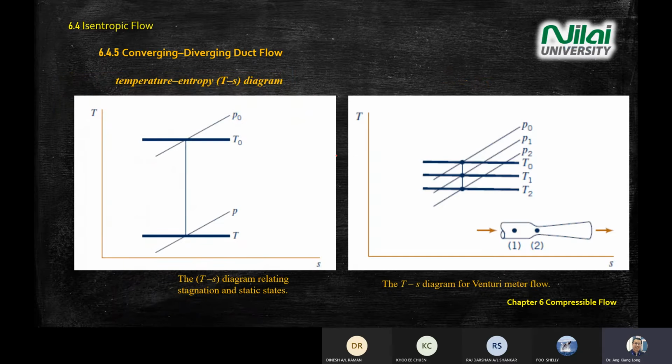These are the temperature and entropy diagram that was covered in the thermodynamics module. You should know how to plot the T-s diagram from here. This is just a recall of what you learned in your thermodynamics.